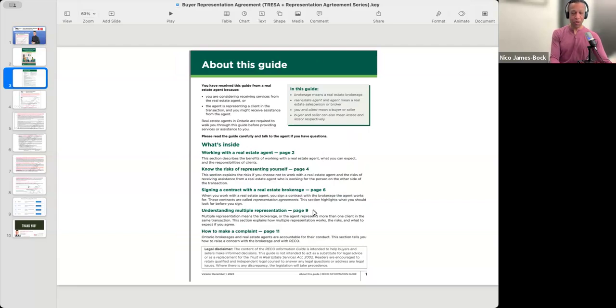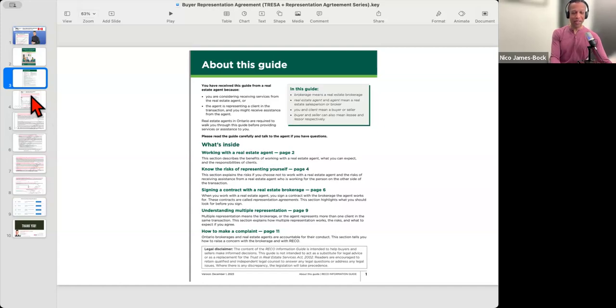It goes into great detail the different types of agency, the different types of representation, and the rights and responsibilities of the parties involved. It outlines also the complaint process. So if a consumer has a complaint with regards to a registrant, there are steps to be completed. And the guide outlines those steps.